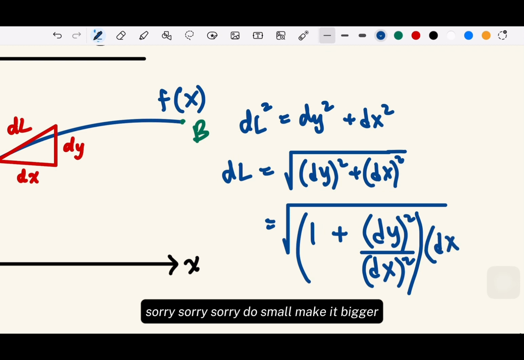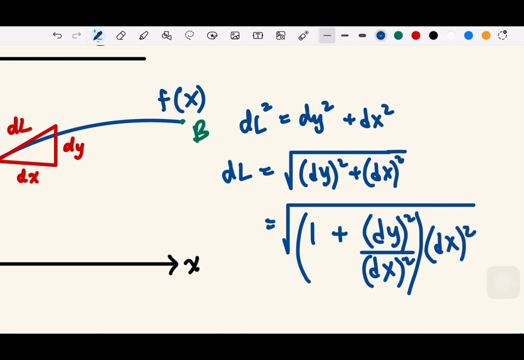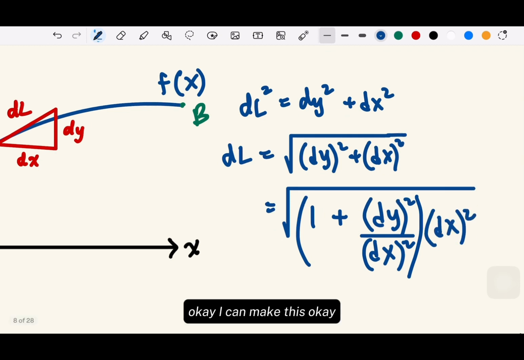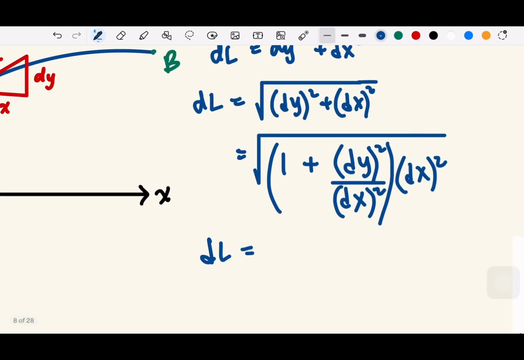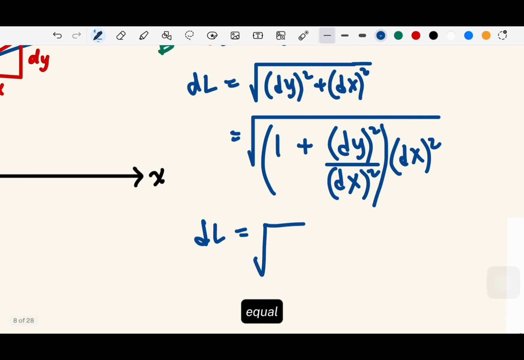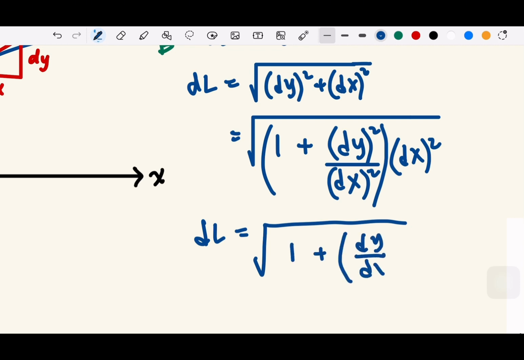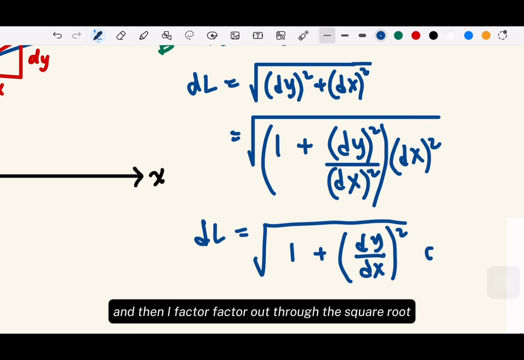Let me make it bigger. Okay, so dl is equal to dx times the square root of 1 plus dy over dx squared, where I factor out through the square root.